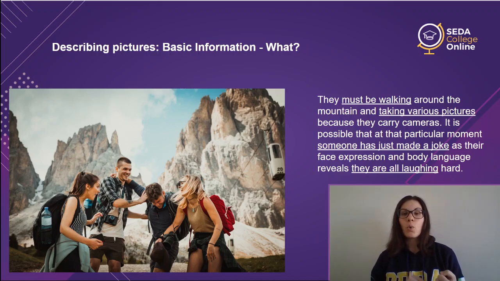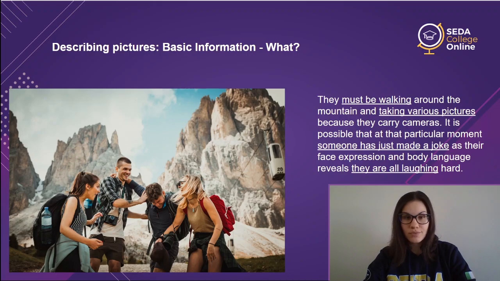So what I have: walking, taking pictures, someone has made a joke and they are laughing. I have 4 basic actions. And we could have written much more, but this is just a summary of what I see in the picture.